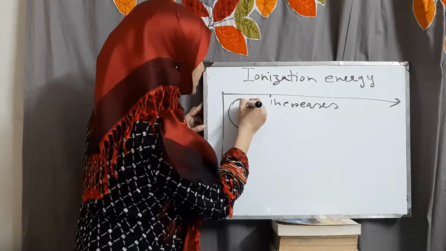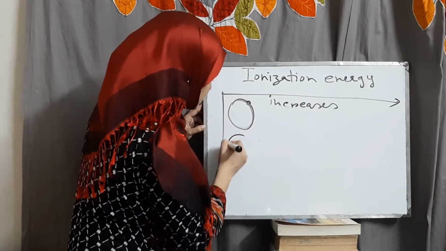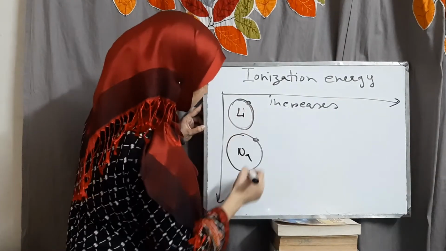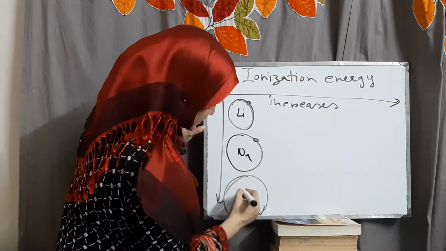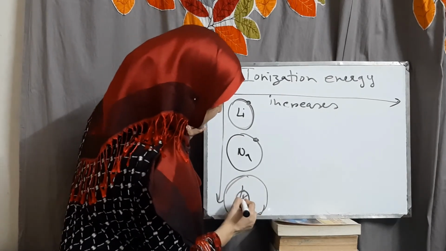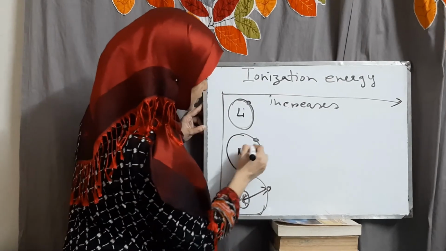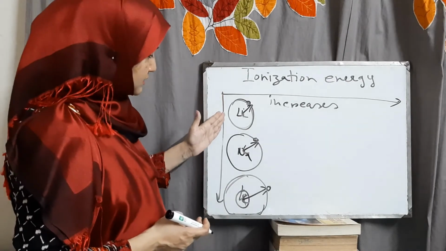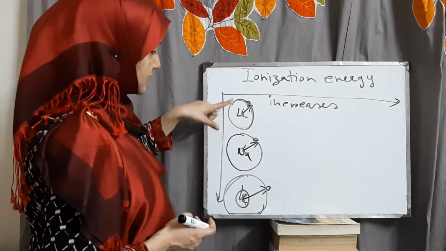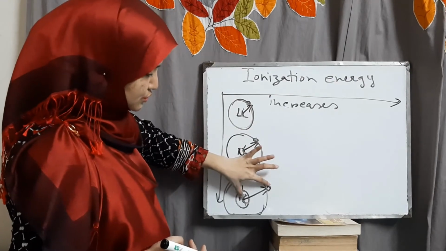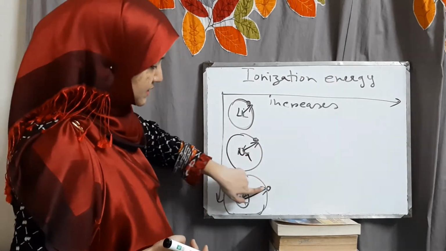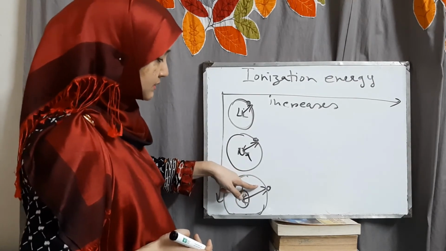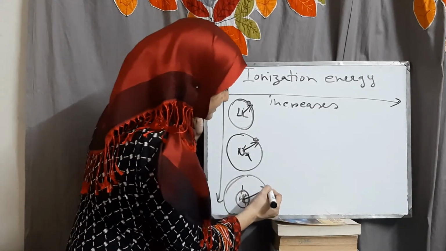We draw only the outermost layer, and then this is the size of sodium, this is the size of potassium, and the distance between the center and these outermost electrons increases in successive periods, and then the attraction between them decreases.